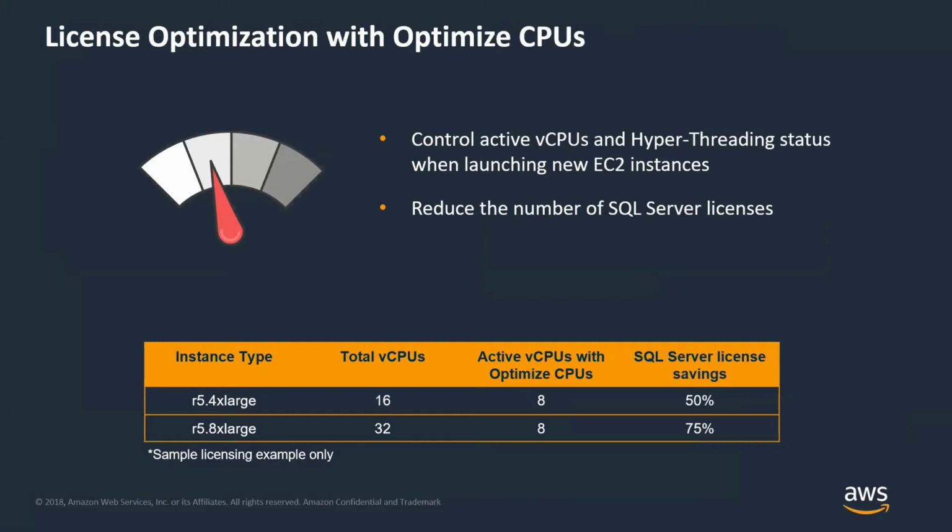Database workloads and enterprise workloads like SQL Server do require a lot of RAM, not just compute. So keep this in mind. You should use optimized CPUs if you're going to bring your own license.